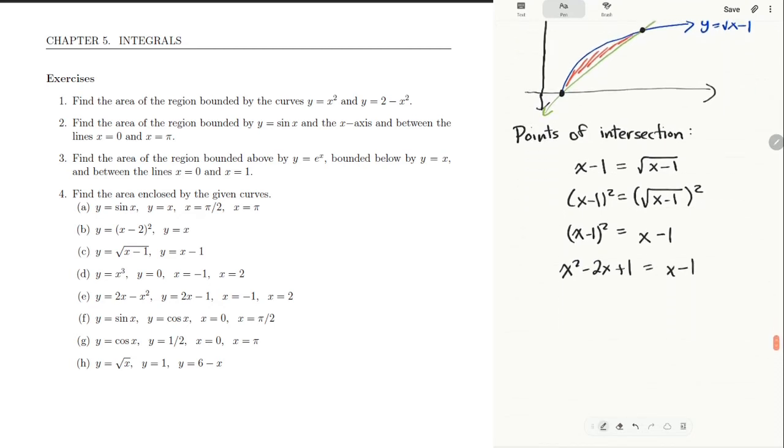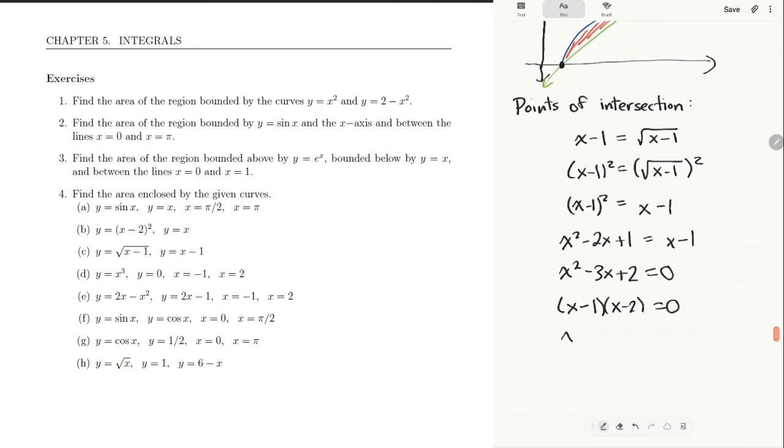So here we're solving for a quadratic. We're going to move all of the terms to the left-hand side. So that's x squared minus 3x plus 2 is equal to 0. And this can be factored to x minus 1 times x minus 2.